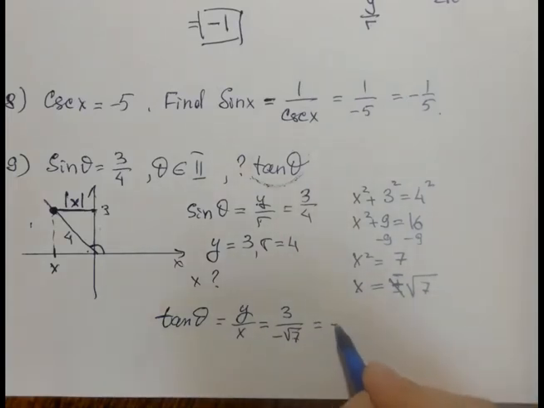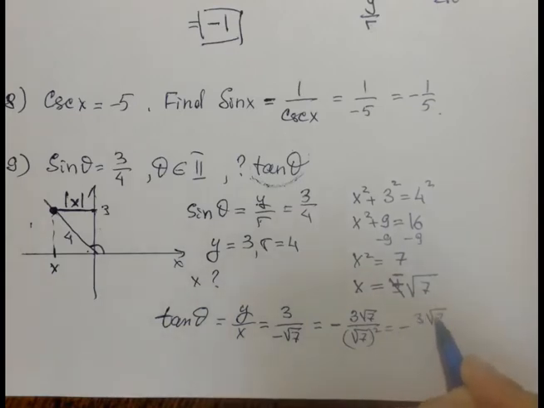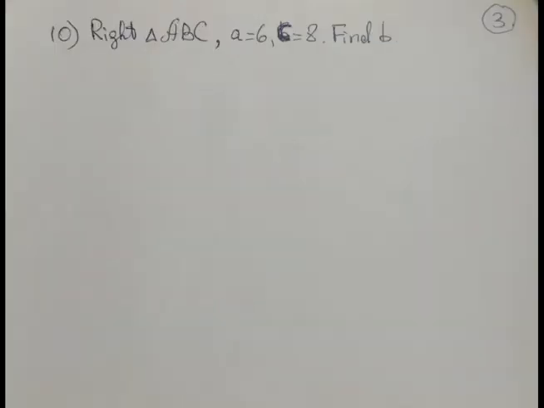Let us write the negative sign in front and multiply by square root of 7, numerator and denominator. 3 square root of 7 over square root of 7 squared, which is 7. Negative 3 square root of 7 over 7. This is the value of tangent theta.